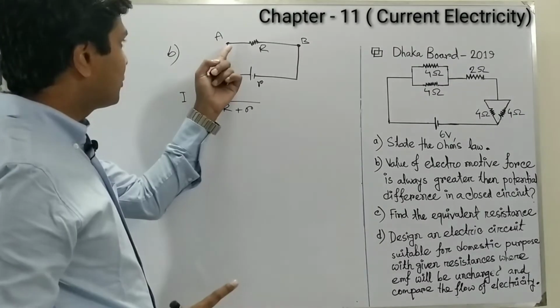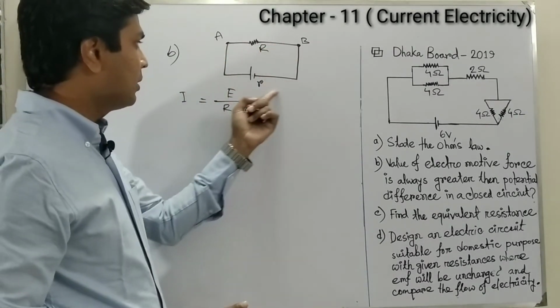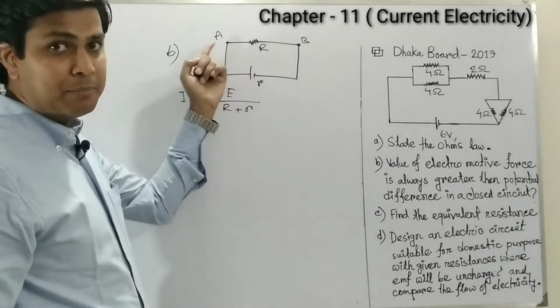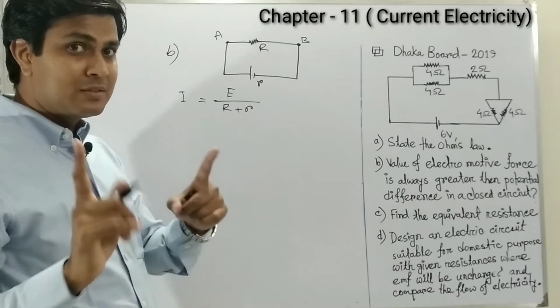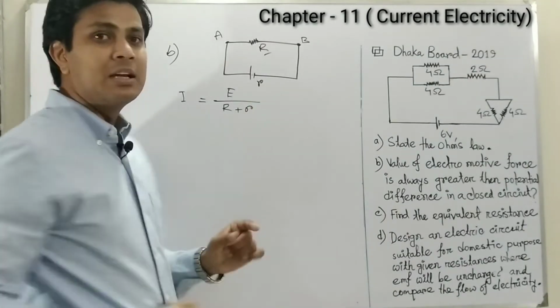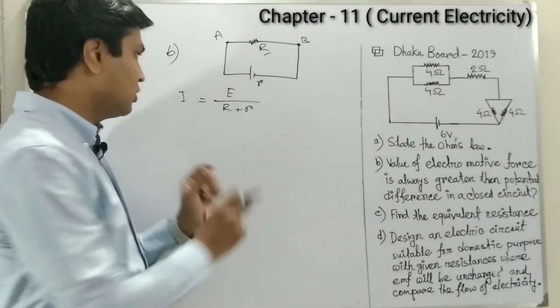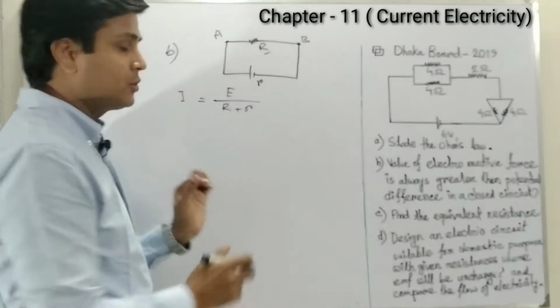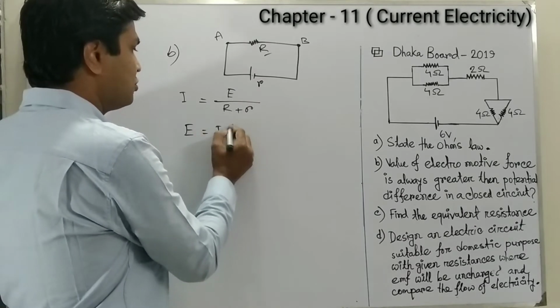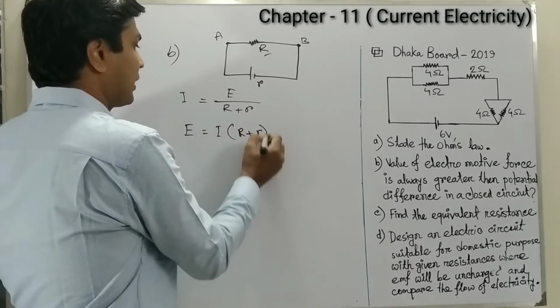The two resistances will create resistance, one is external resistance and one is internal resistance. So the total resistance will be R plus r, and the electromotive force will be E equal to I into (R plus r).